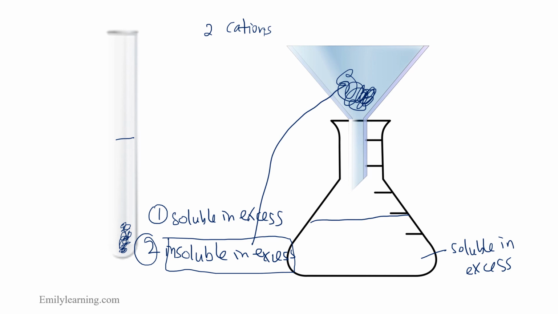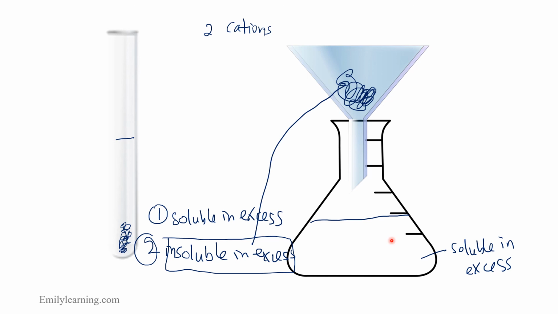Then very often the question will ask you to add acid to the filtrate. What you are doing when you add acid to the filtrate is to remove the NaOH. And if you see a PPT, it is trying to show you that there was actually a cation, a precipitate formed from this cation as well, and it is soluble in excess.